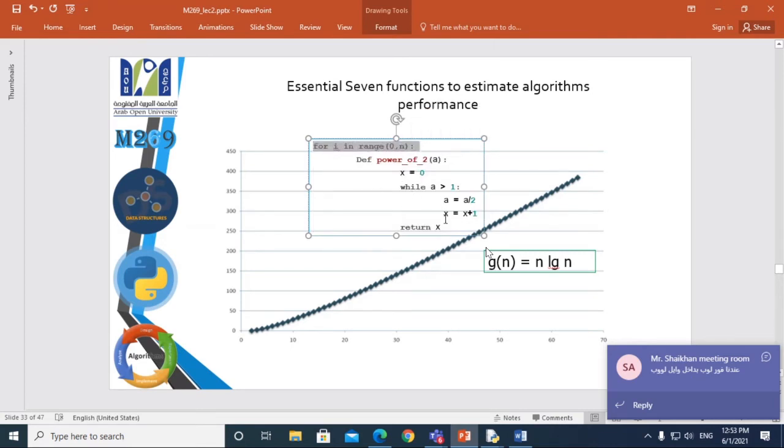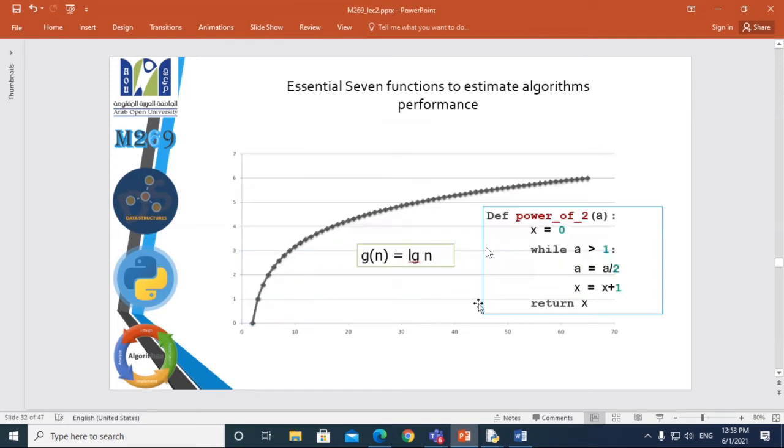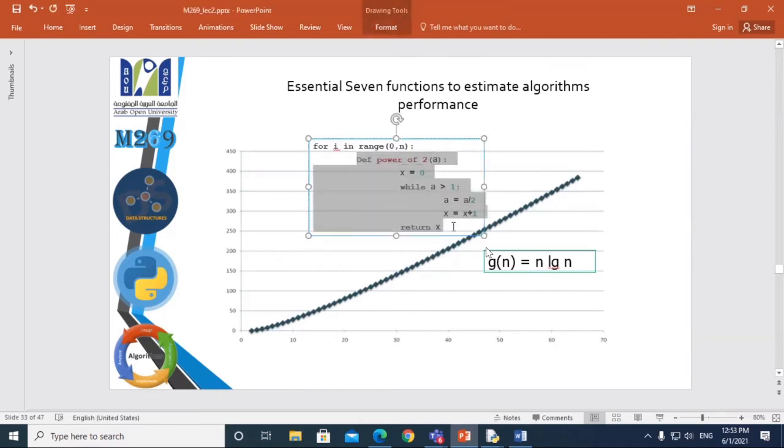So n log n means that one will be repeated log n times, and all of that will be repeated n times. منطقية? Logic? Yes. That one will be repeated log n times based on the first one. Then that one will be repeated n times, based on that one.